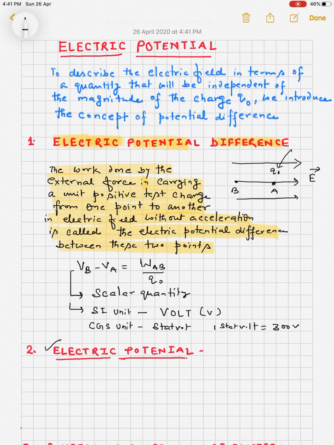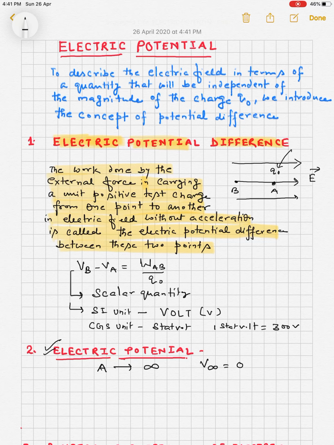Now the second point is electric potential or absolute potential. Previously I have discussed electric potential difference. Now come to the point electric potential. If we take the point A at infinity, the potential at infinity is considered to be 0.